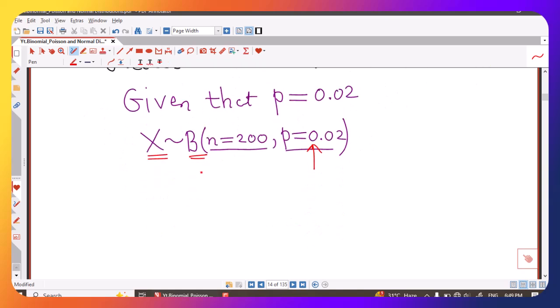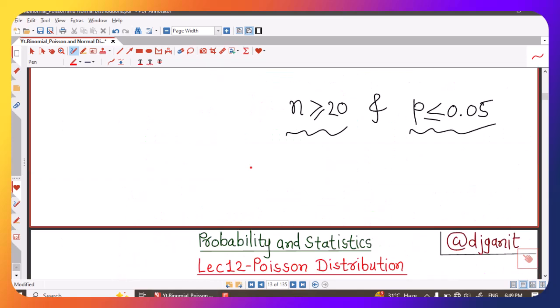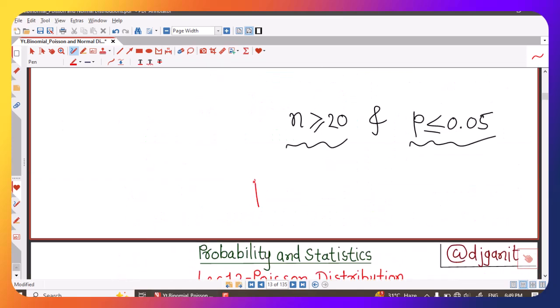Whenever we are using Poisson distribution to approximate binomial distribution, we have to recall the probability mass function of a Poisson distribution, which is probability that capital X equal to small x is e raised to minus lambda times lambda raised to x divided by x factorial.